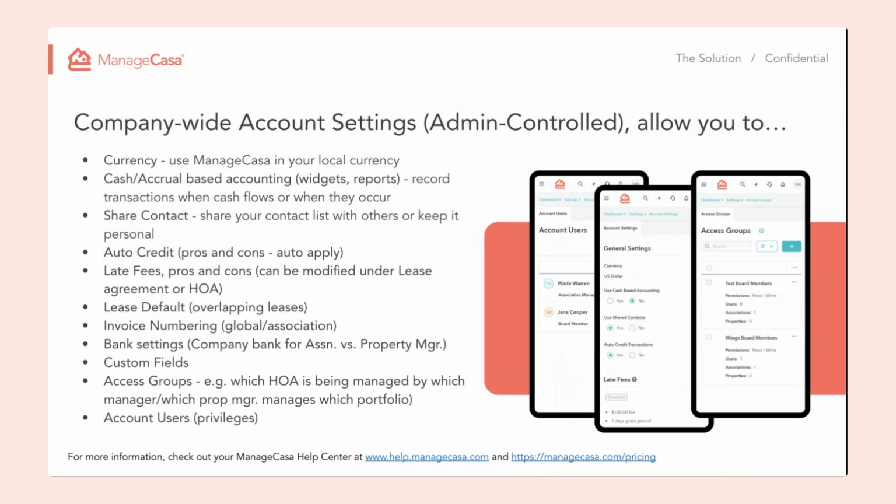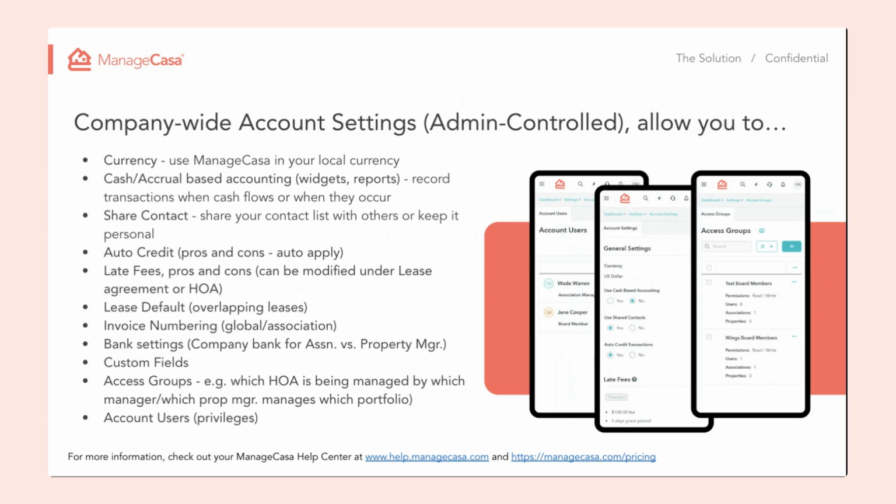Also, you can select cash or accrual based accounting, which is relevant for creating reports and displaying data in widgets and the reports. Cash accounting records transactions when cash flows. For example, when you receive a payment for an invoice. Accrual based accounting records transactions when they occur. For example, when you create an invoice.